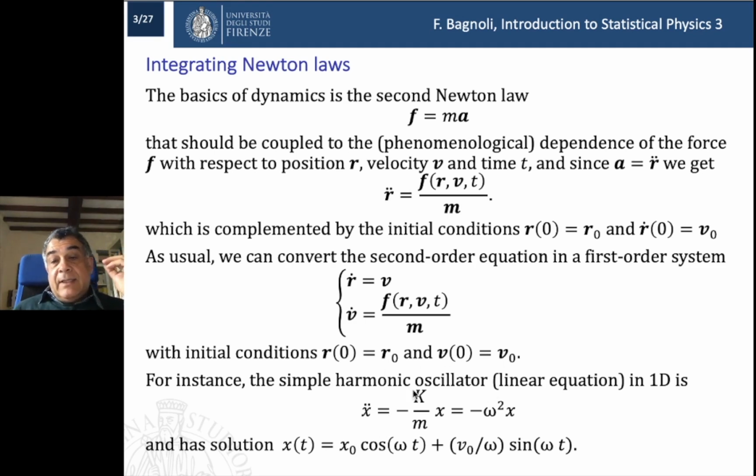For instance, let us start with a system that we know how to integrate theoretically, the harmonic oscillator, which is a linear equation, that in 1D is just this one, and we know also the solution, which is this one.